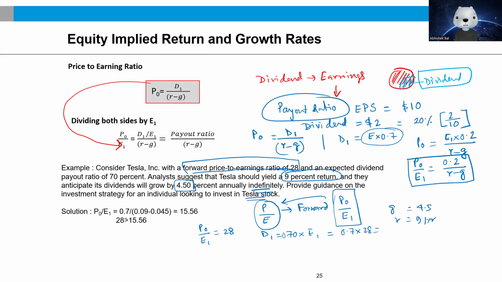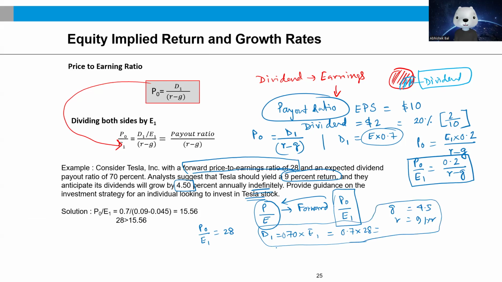So all that has been said is we need to provide a guidance about the Tesla strategy. So we could solve it in a couple of ways. One is that from the given figures out here, we could find out the justified forward P out here.